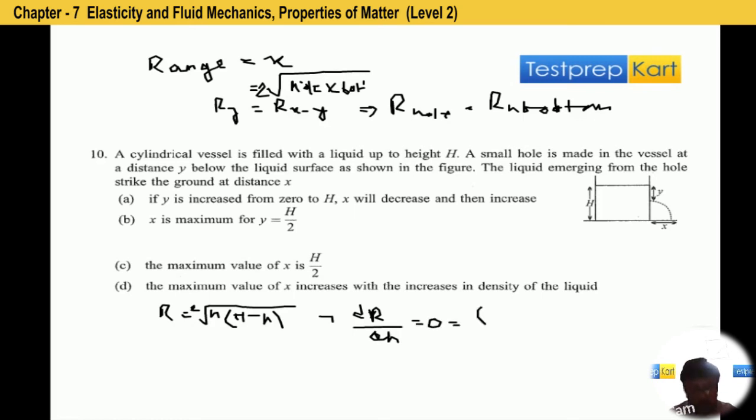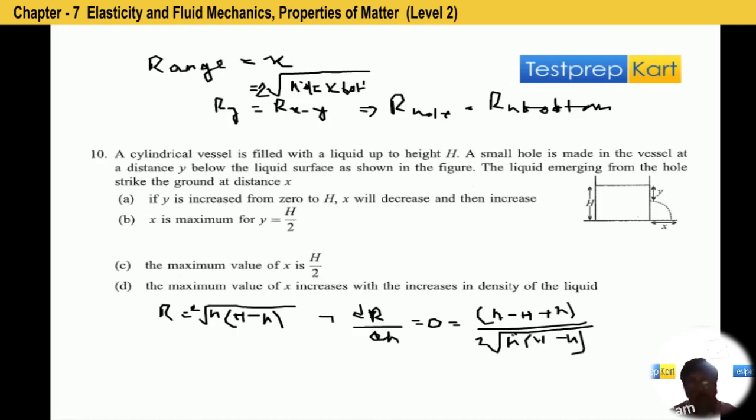So it is equal to h minus h plus h by root over 2 h into h minus h.